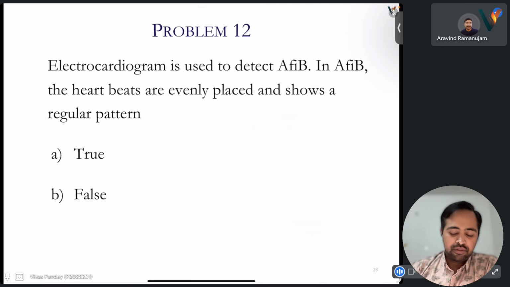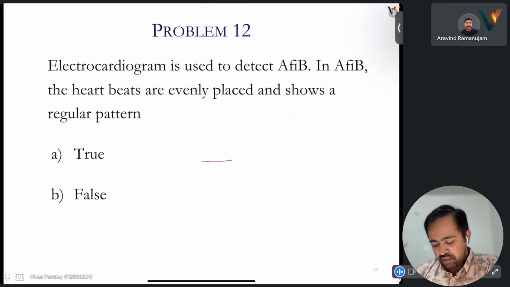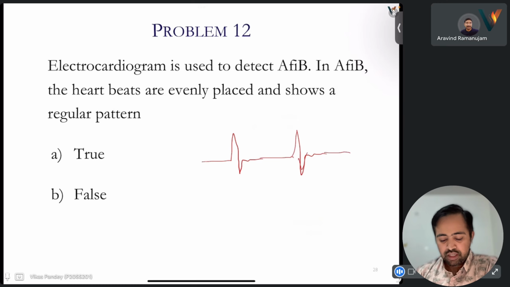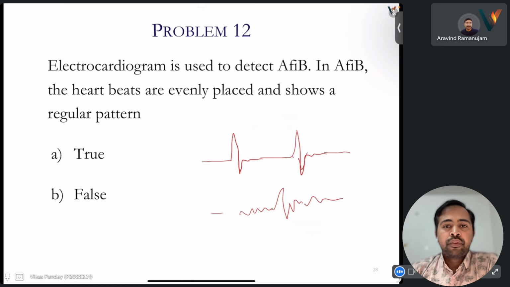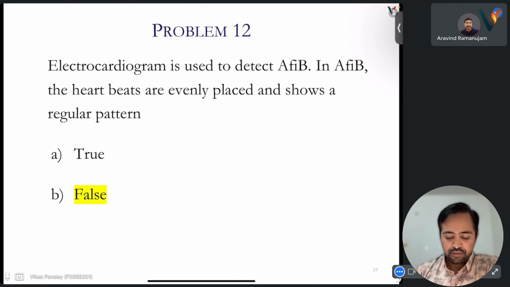Because we have seen, I think it was question one, that in the normal case, I'm not drawing it perfectly, a PQRS waveform will be there. Whereas in the case of the abnormal one, it will not be evenly placed, and there can be some aberrations, like this. So that can be seen using ECG. Yes, sir. So it is false.